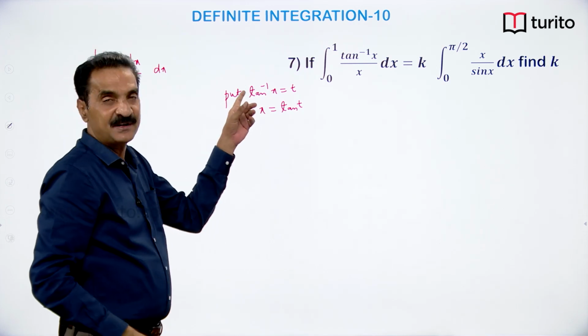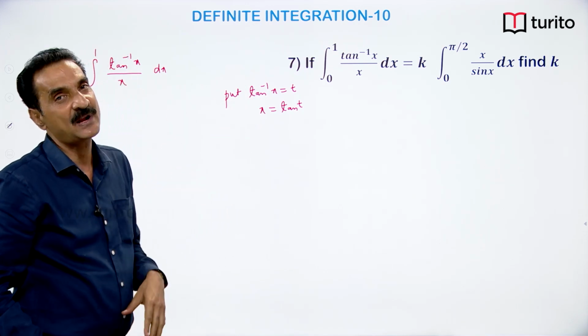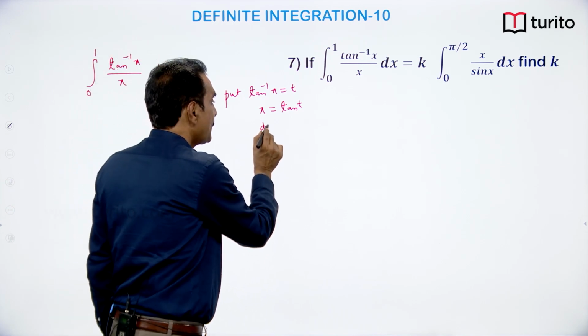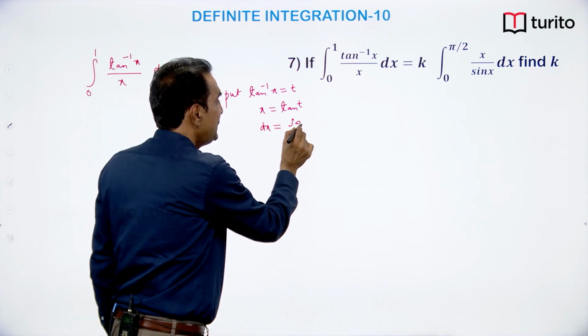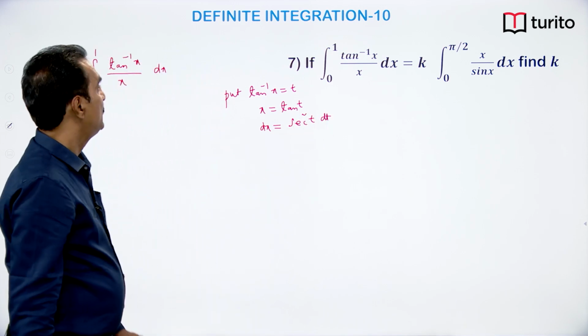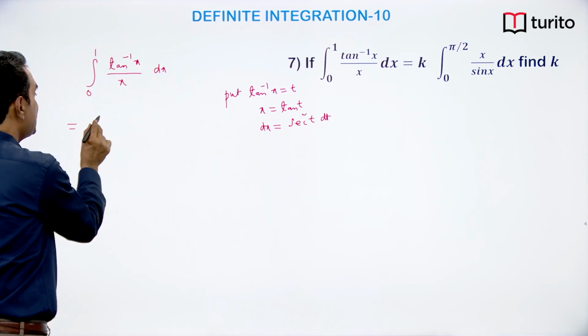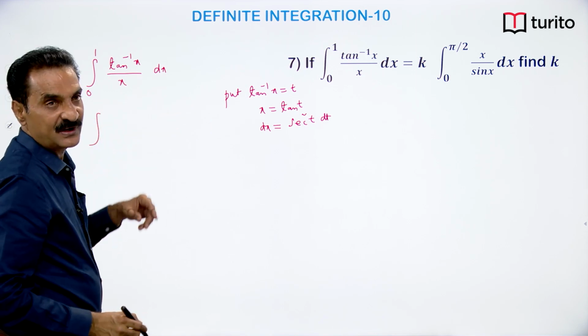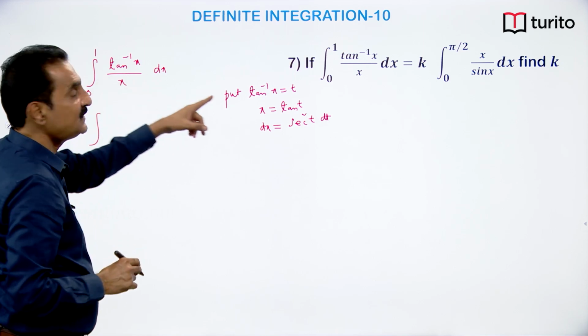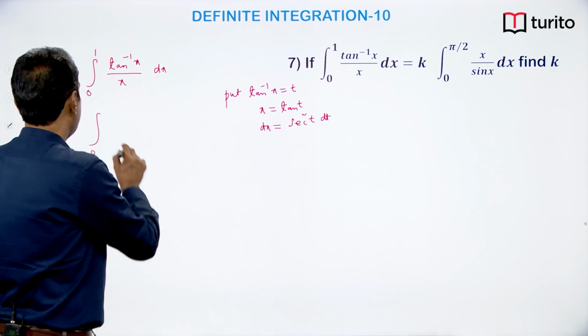because the derivative of tan inverse x is not there. So, that is why we are writing tan inverse x is equal to t, as x is equal to tan t. Then differentiate, dx is equal to secant square t dt. And what are the new limits? If x is 0, t is tan inverse 0, which is 0. If x is 1, tan inverse 1 is pi by 4.